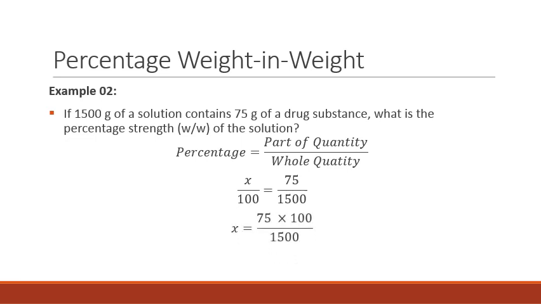So if we adjust the values on one side, x will be equal to 75 into 100 divided by 1500. So x will be equal to 5%. That means the 1500 gram of solution contains 5% of the drug substance.